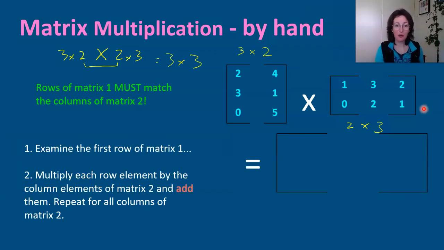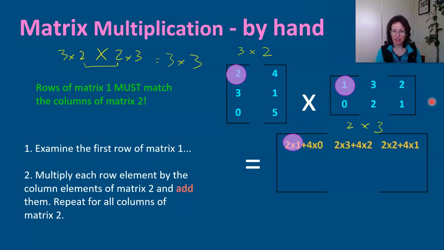All right, so first of all, we need to have a look at the first row of matrix 1. So that's this row here is going to be multiplied by the first column. So we're going to multiply each element together, but add them as well. Let me walk you through that. So the first element of matrix 1 in the first row multiplied by the first element of matrix 2.